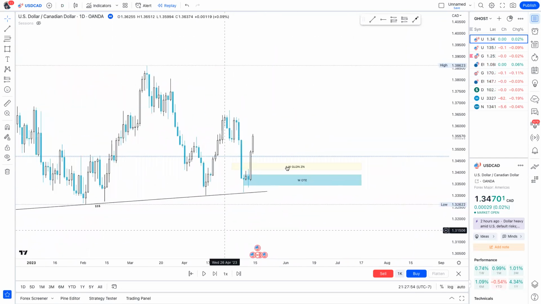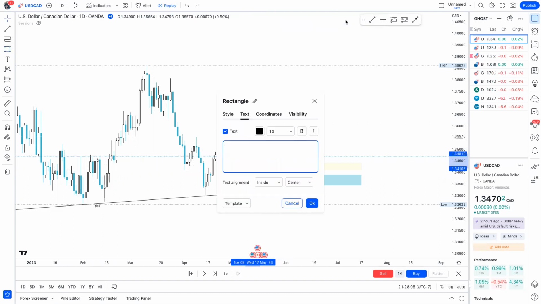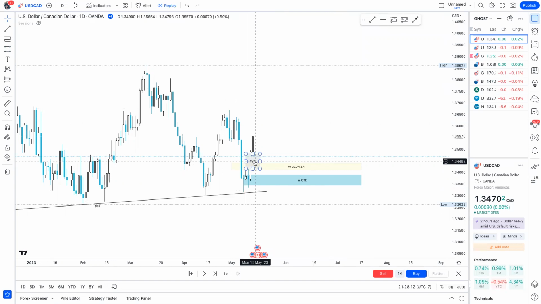So here, as you can see, price never came back down or retraced this. This is another fair value gap right here, so I will just mark this. There's another fair value gap. Make it a different color. Fair value gap here, weekly golden zones and OTE here, which is the bank's favorite zones.